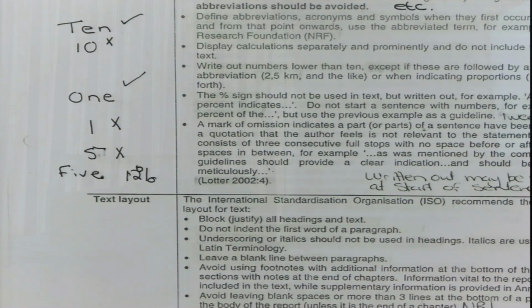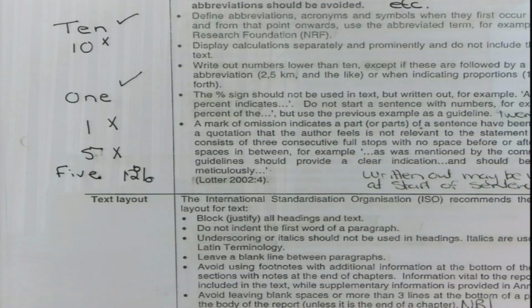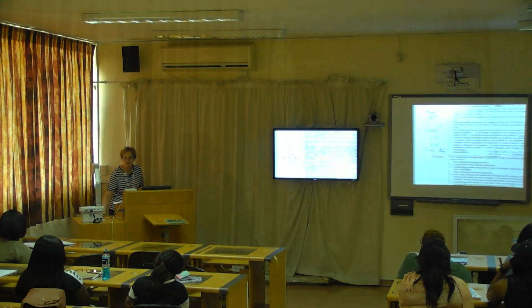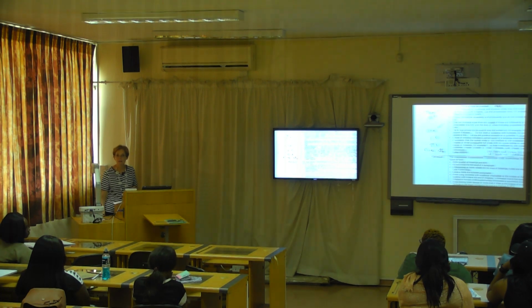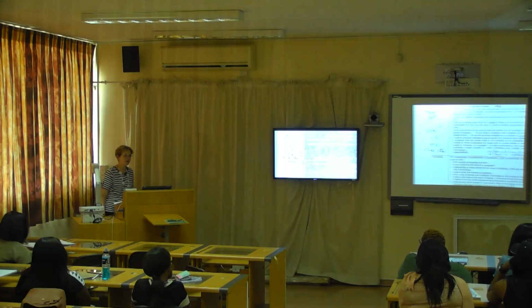So before you submit any assignment, you have to go back to this document and make sure that you have followed all your writing rules. Learn it and start using it, because this is a standard way of writing. If you get it once in your life right, you will get it forever right. Okay.